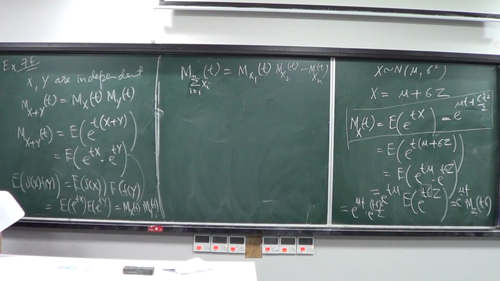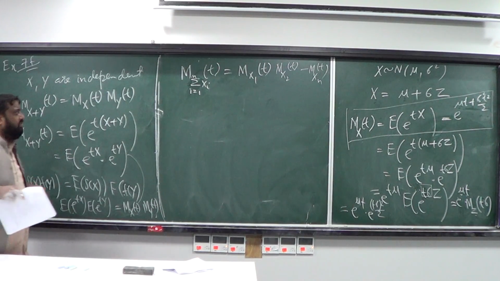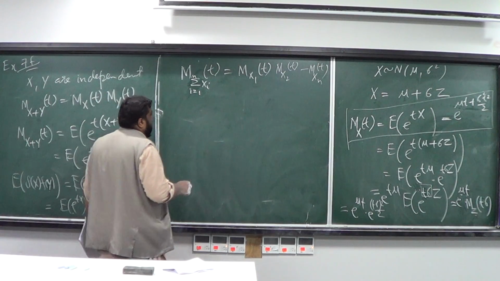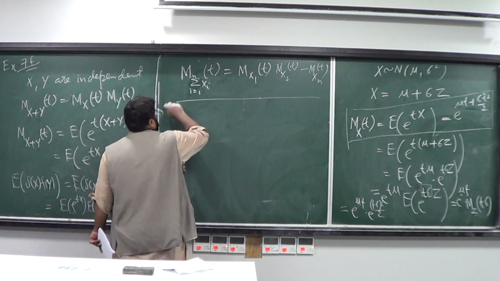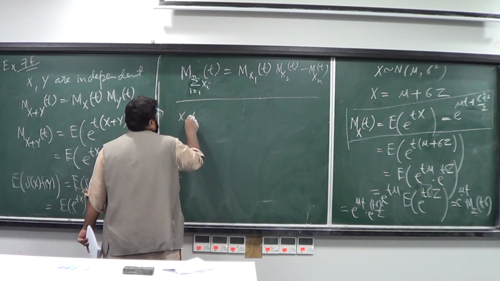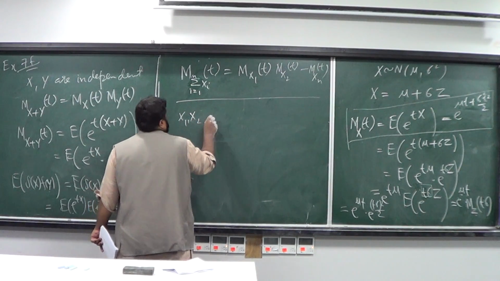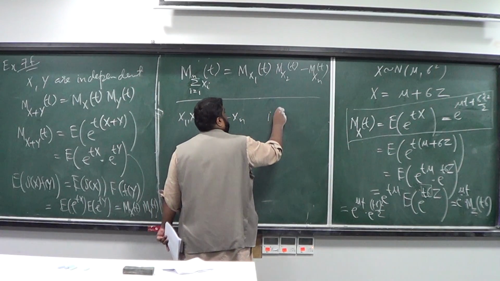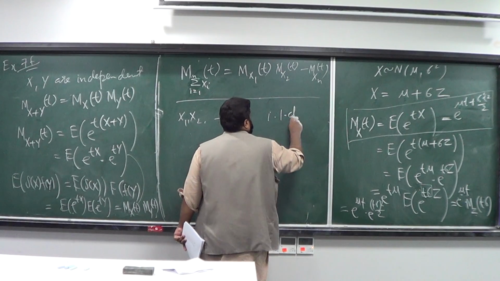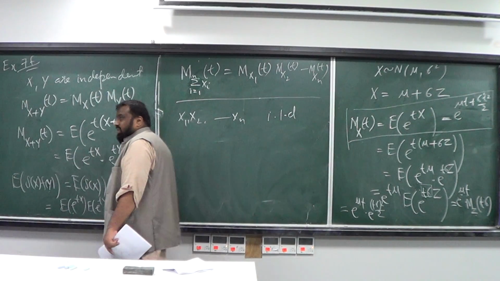Now imagine that, so this identity is true in general, under this assumption that x1, x2, say up to xn are independent. Now you assume that they are independent and identically distributed. Okay?